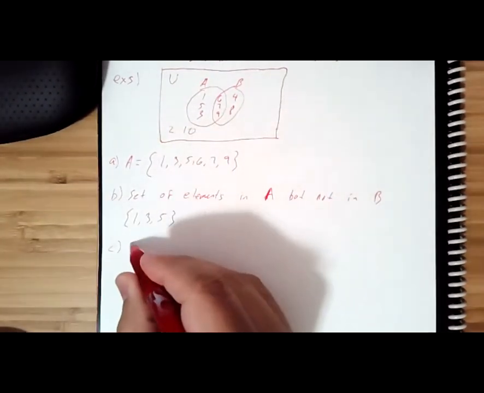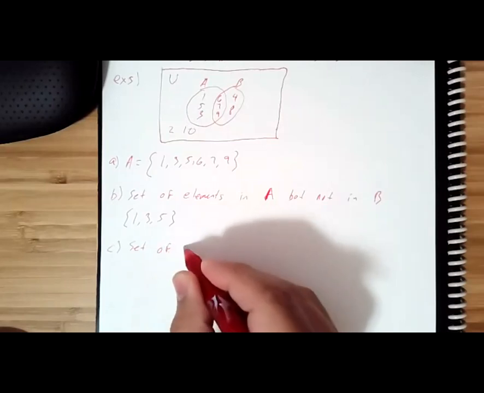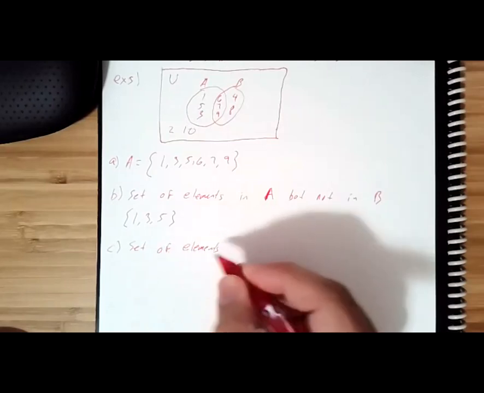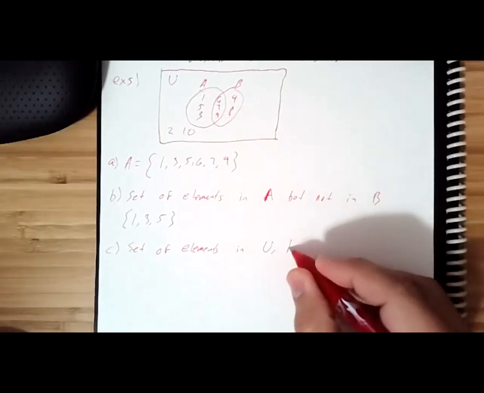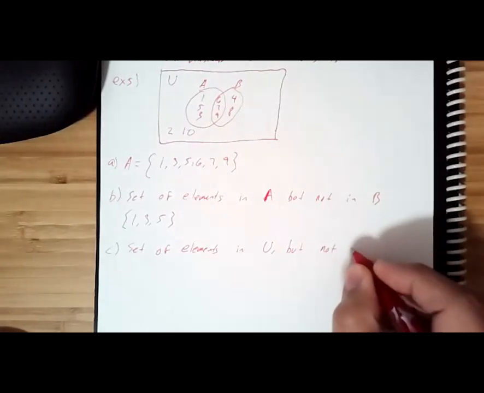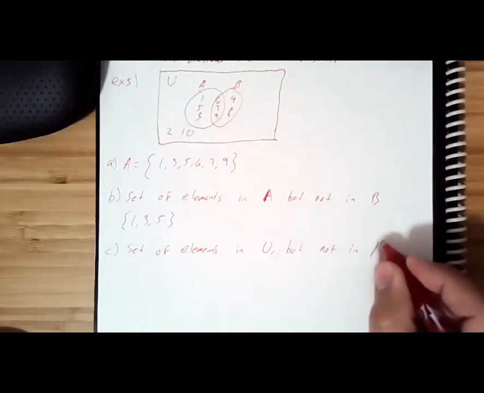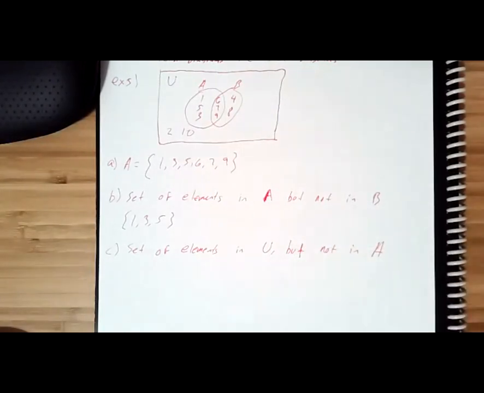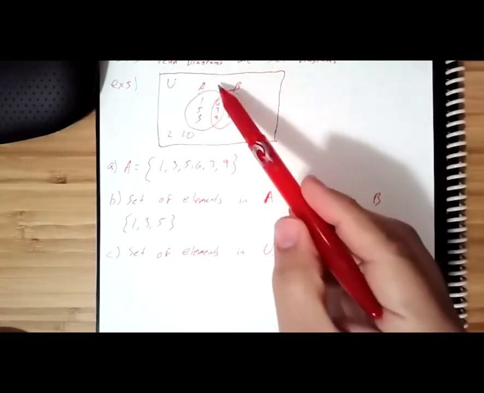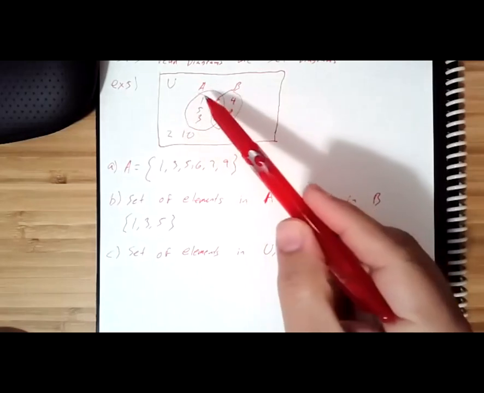C says set of elements in U, but not in A. So just look at the set A. So everything outside that circle would be the answer.